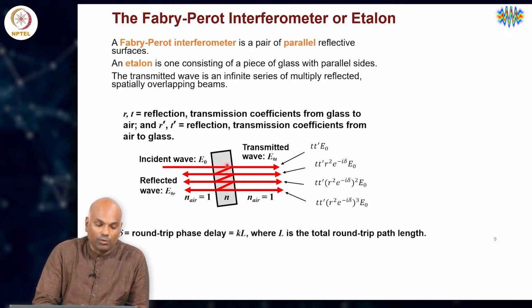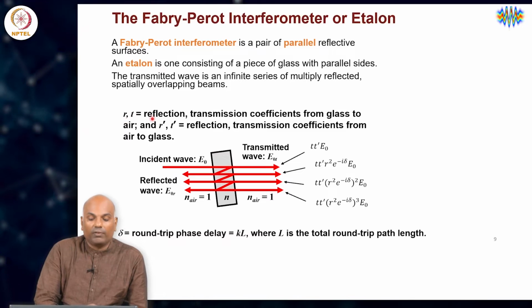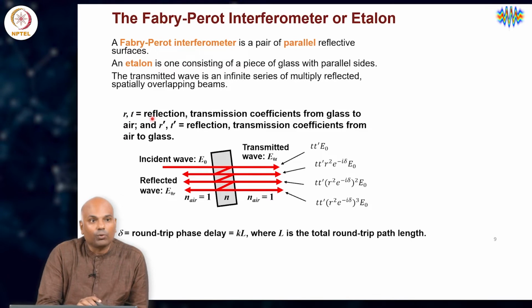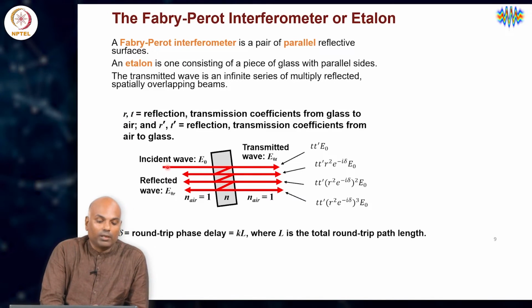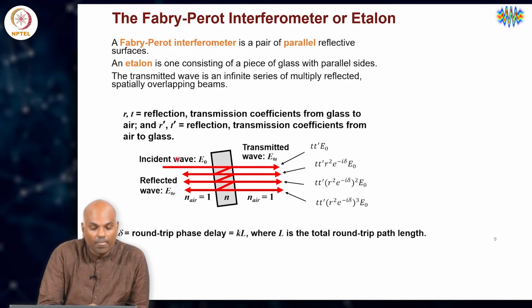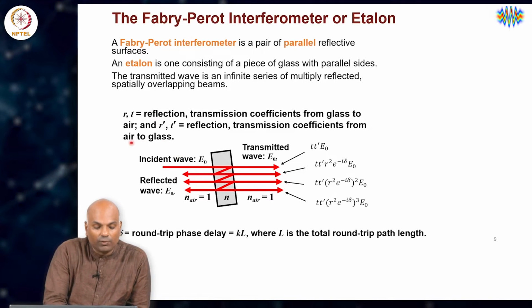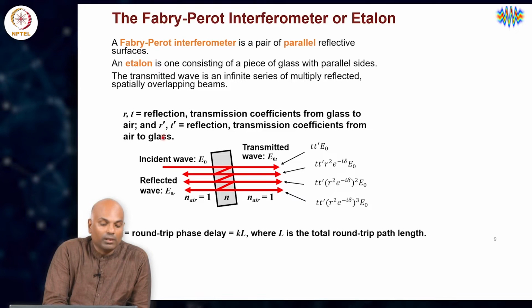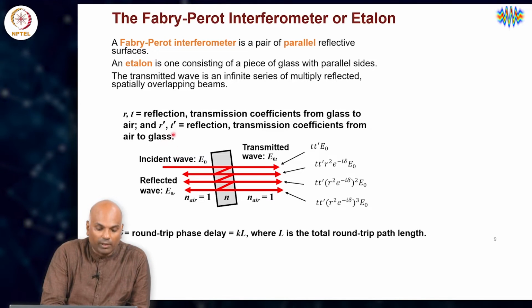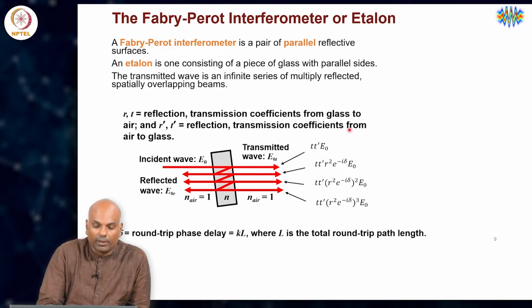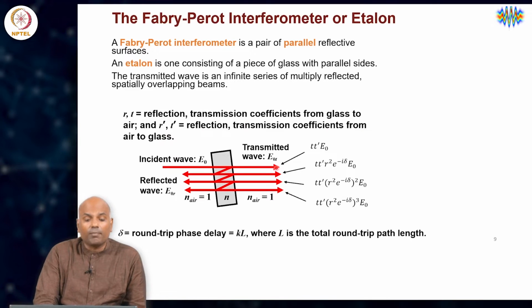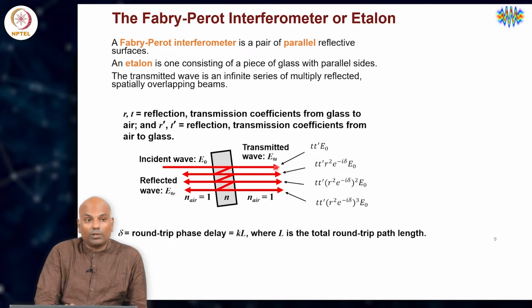One is glass to air, where the coefficients of reflection and transmission for the amplitude of the wave are r and t respectively, whereas the corresponding ones for the air to glass are indicated with primes on top, r prime and t prime respectively, for the amplitude reflection or transmission coefficients.